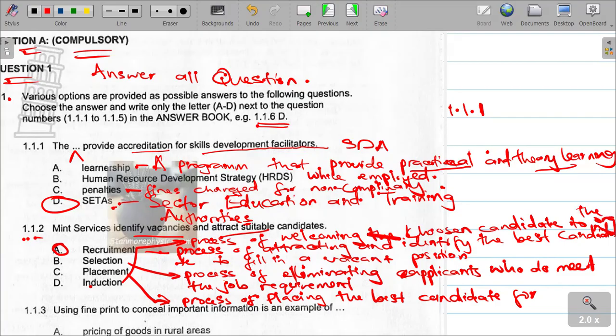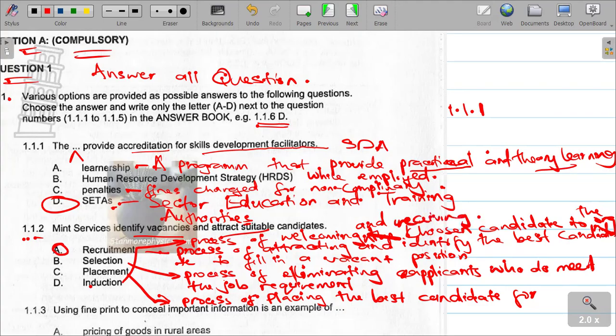It is a process of welcoming and receiving the candidate.